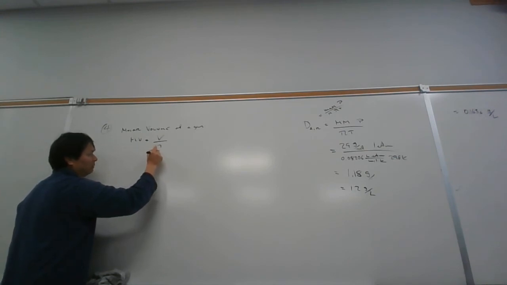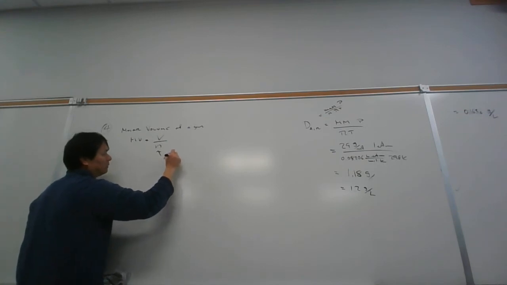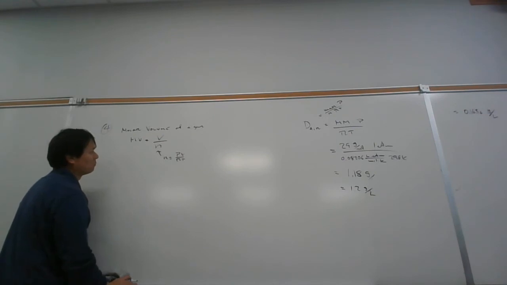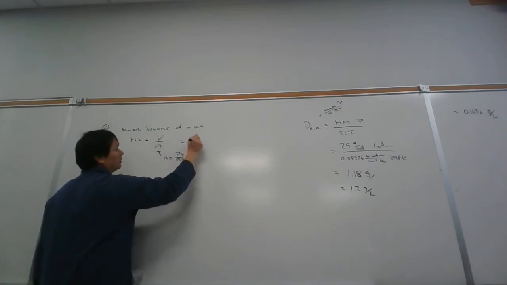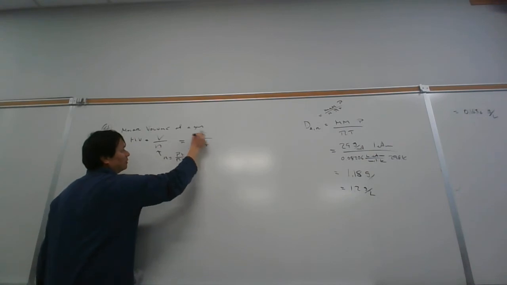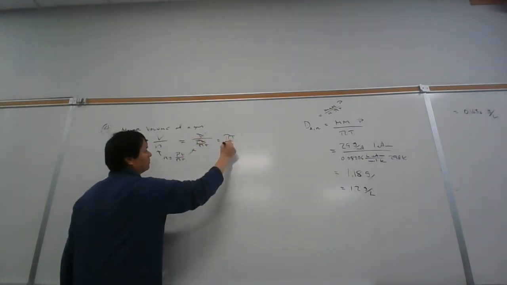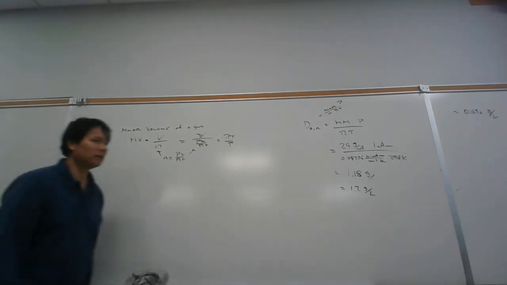We look at N. N is equal to PV over RT. And so we'll substitute that in here. So this is going to be V over PV over RT. So V cancels, and then we flip that, so we're going to get RT over P. And molar volume is equal to RT over P.